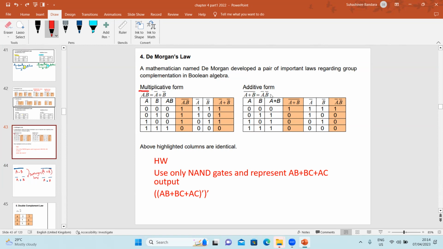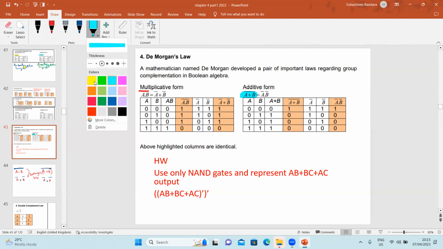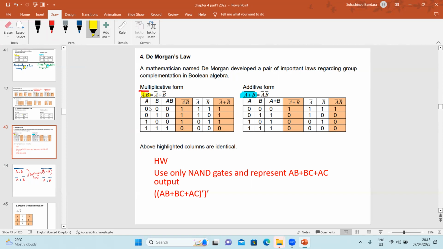So we call it additive form. Why? Additive form means the expression starts with addition, and the multiplicative form means that when starting, we have the multiplication with a dot sign. Okay, so shall we now look at A, B.